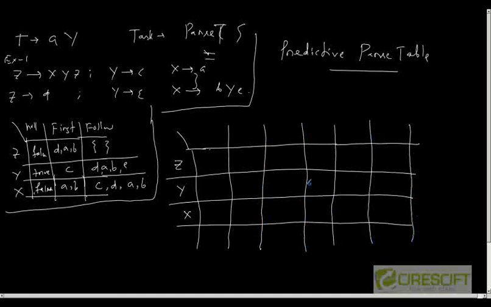So I have A, B, C, D and E, and the table tells me, when I am in a given non-terminal and my next input token is this, which rule I need to select, which production I need to select.